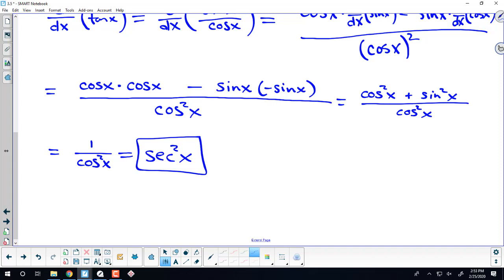So in honesty, if you just remember sine and cosine, you still have to remember the product rule, and the chain rule, and some things about trig functions. But the other 4 you could get using the quotient rule, and when we get there, the chain rule in 3-7, either or.